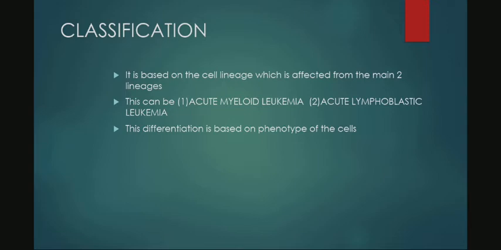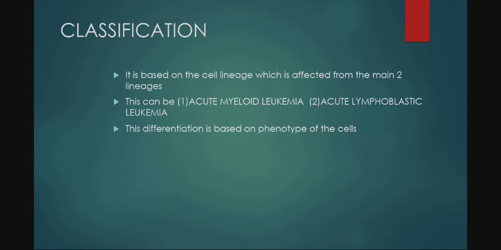With that being said, I want you to understand that in acute myeloid leukemia, the myeloid stem cells or the myeloid blast cells possess myeloperoxidase. Yeah?